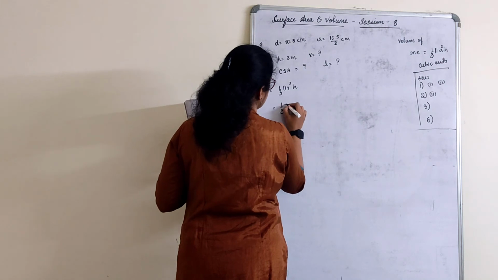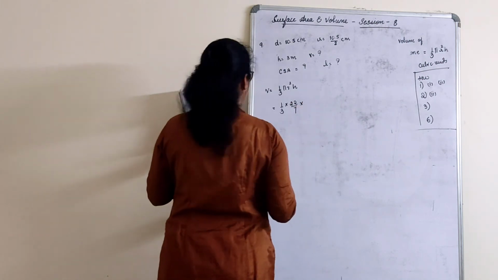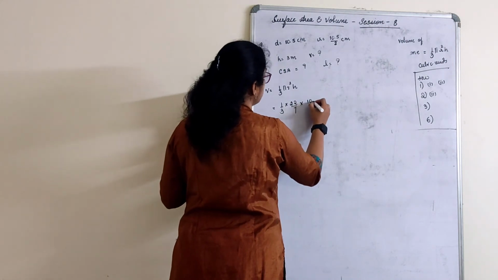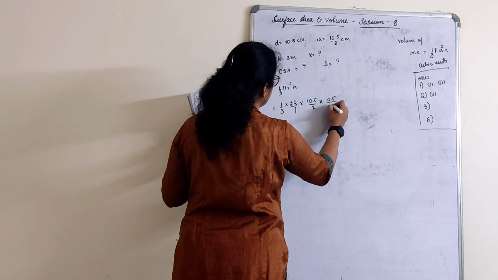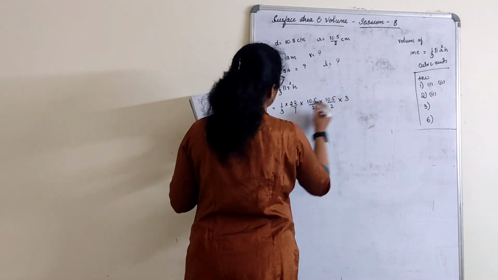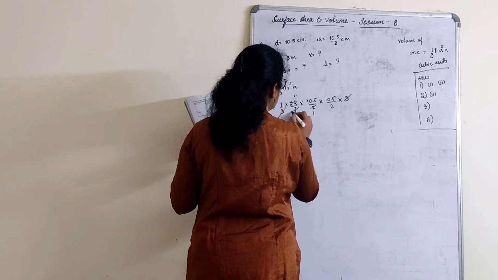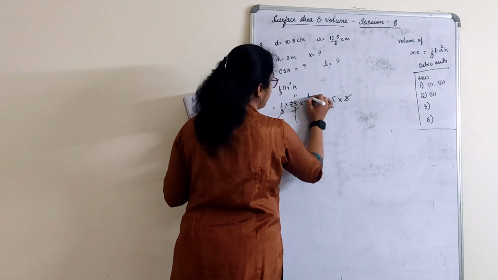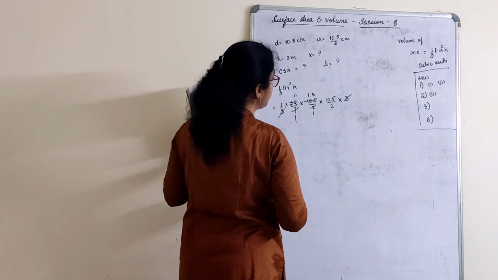1 by 3 into 22 by 7 into R is 10.5 by 2 into 10.5 by 2 into H is 3. 3 and 3 will get cancelled. 2 ones are 2, 11s are 11, 7 ones are 7, 7 fives are 35.